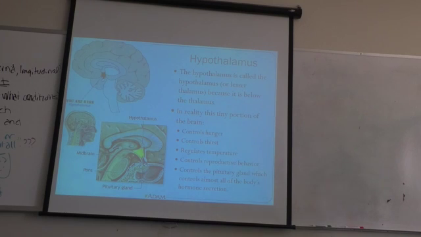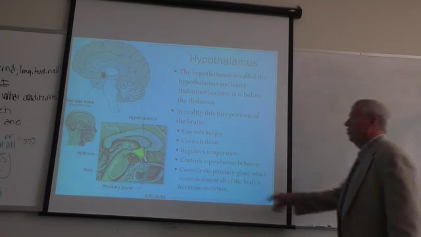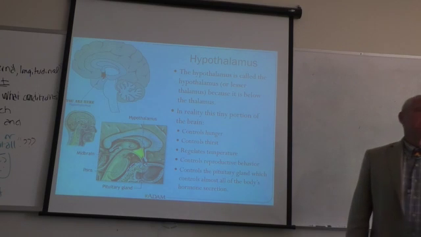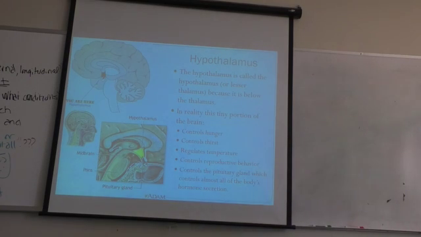It controls the pituitary gland, which controls almost all the body's hormone secretions. And since it controls the pituitary, which used to be called the master gland, I haven't heard anybody call it the master gland for a long time, but since it controls the pituitary, it controls everything else. Controls your metabolism, controls your energy stores, just controls everything. So the hypothalamus is an extremely important organ.